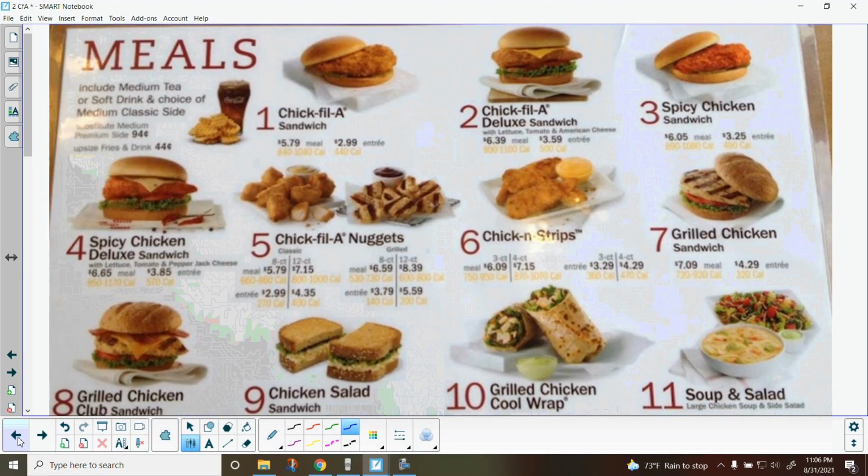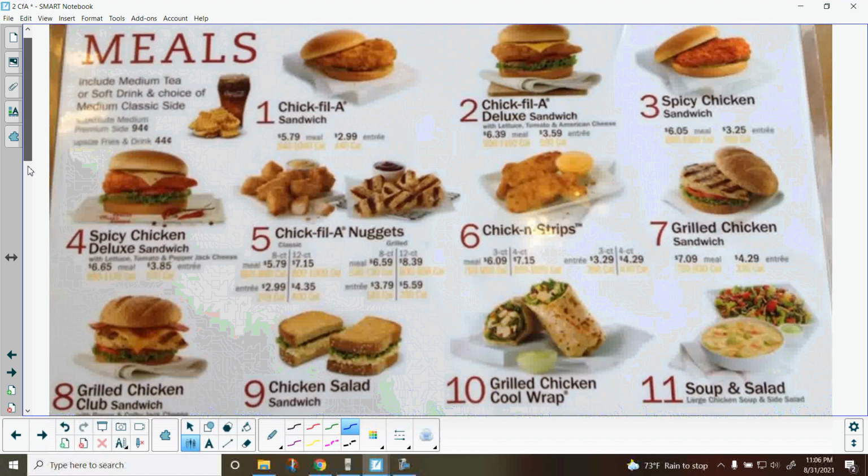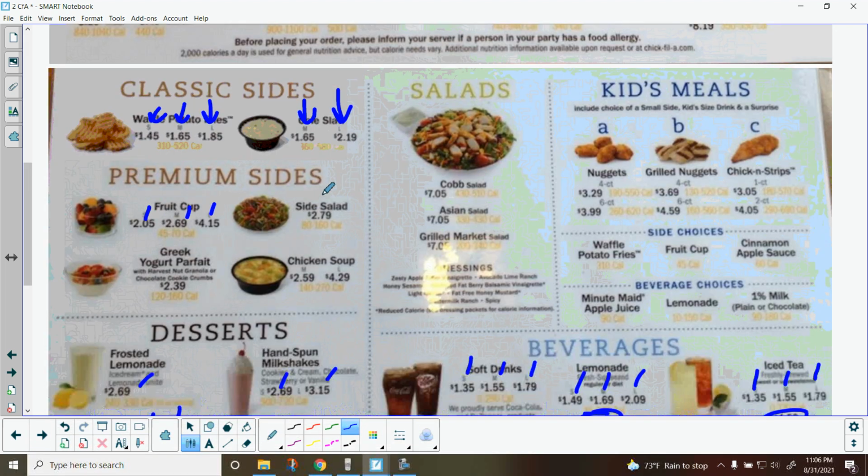Premium. 1, 2, 3, 4, 5, 6, 7. Let's just try 7. Okay? And you know what? If it's not, well, then we may have to make a cut. Maybe they just want fruit cup side salad. Okay? Chicken soup, minus the sizes. But let's try the 7 and see if we get the right answer.